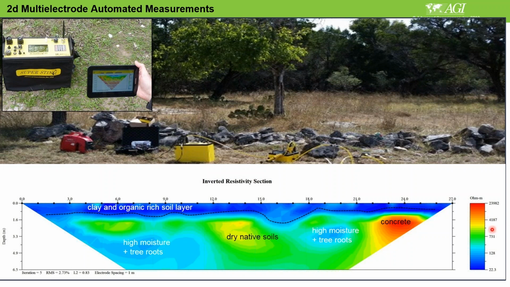Is there a relationship between the length of the electrode to the spacing in a multi-electrode system? Yeah, of course. By the length of the electrode, you mean the stainless steel stakes, right? So typically we use 45 centimeter stainless steel stakes.